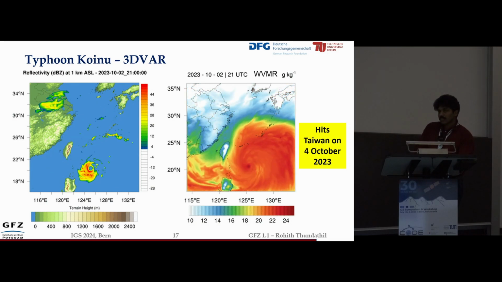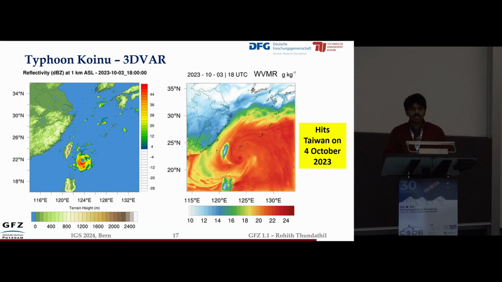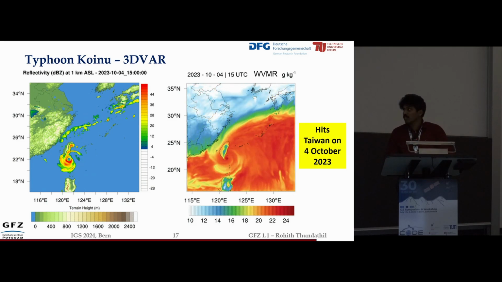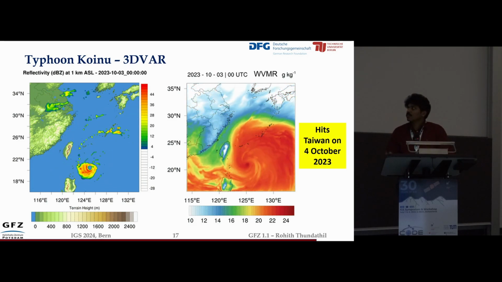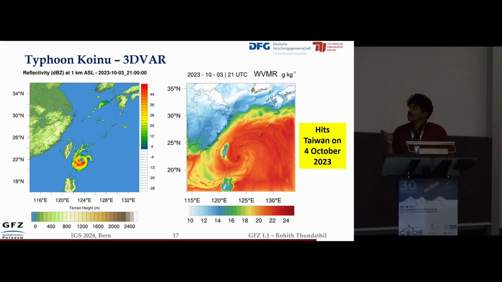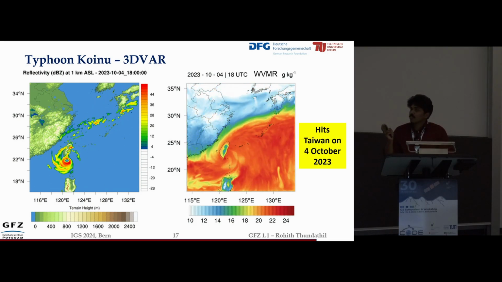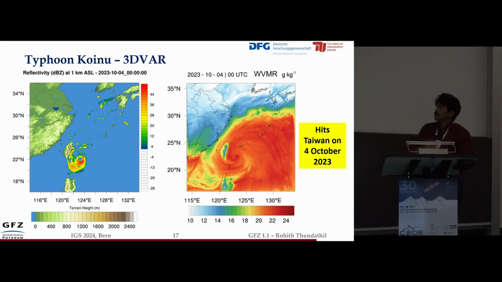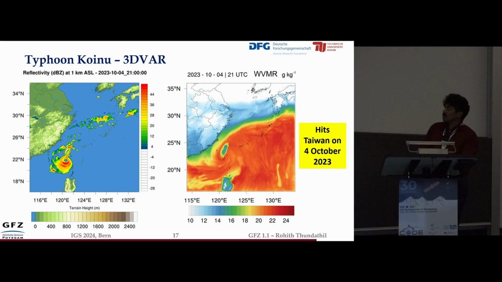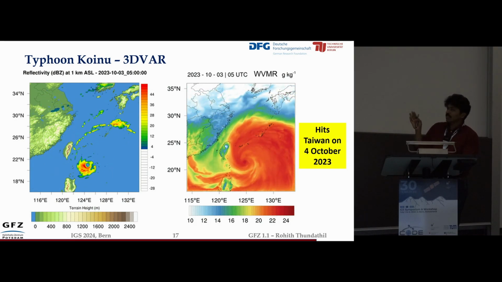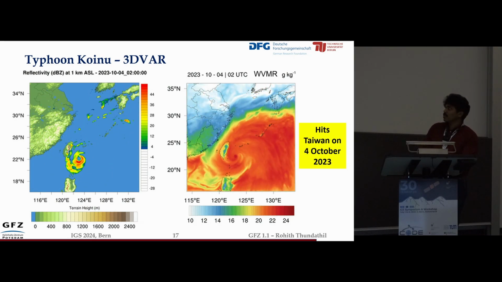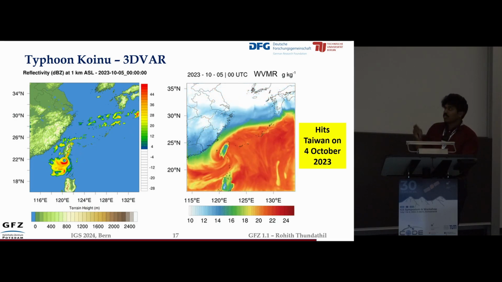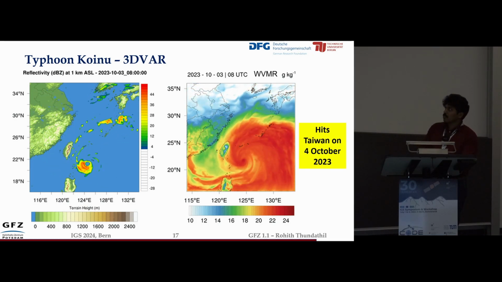In this simulation, we are focusing on extremely severe weather events, and this typhoon in Taiwan was called Koinu. It was a severe weather event which happened in October 2023. The typhoon hit the Taiwan coast on the 4th of October.